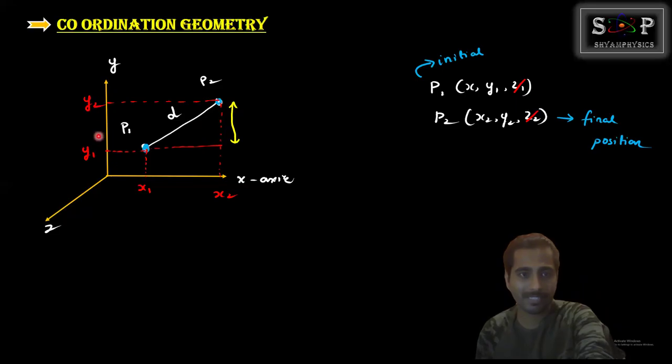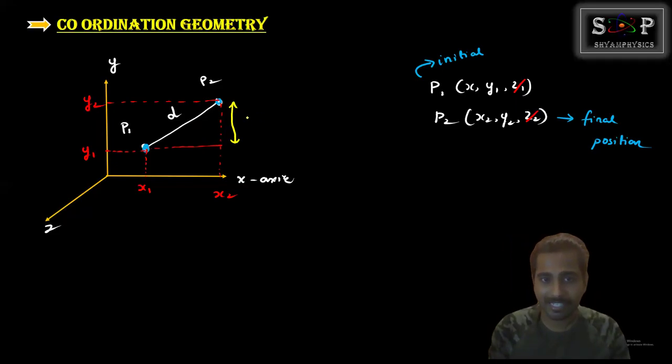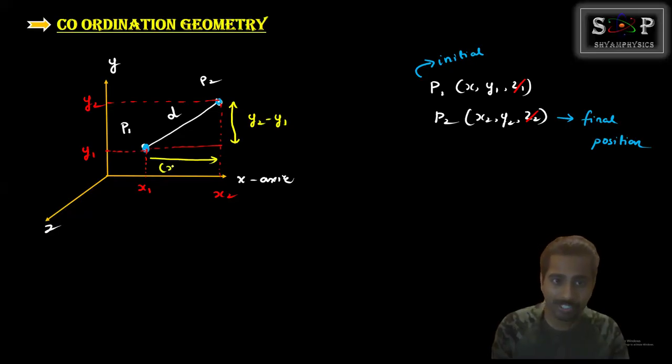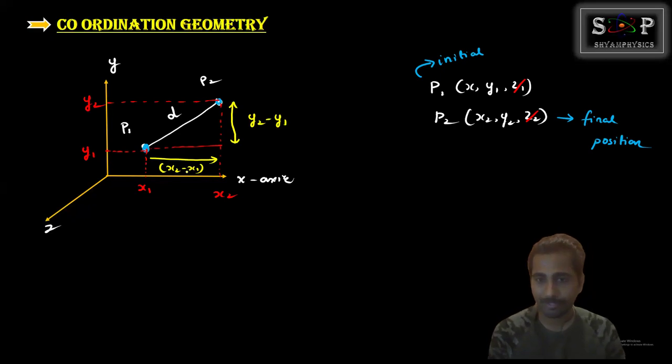Now I can write this change in position as Y2 minus Y1. And during that time, this object moves from X1 to X2 here. This change in position can be written as X2 minus X1. We understand.